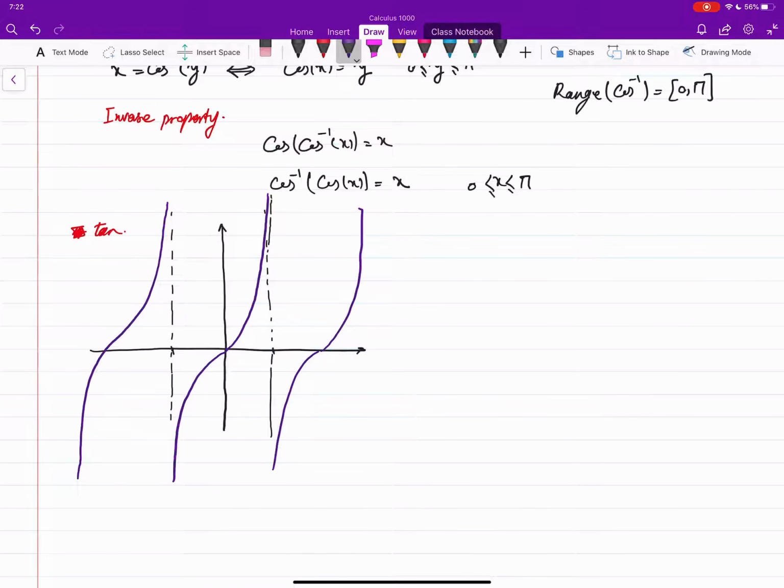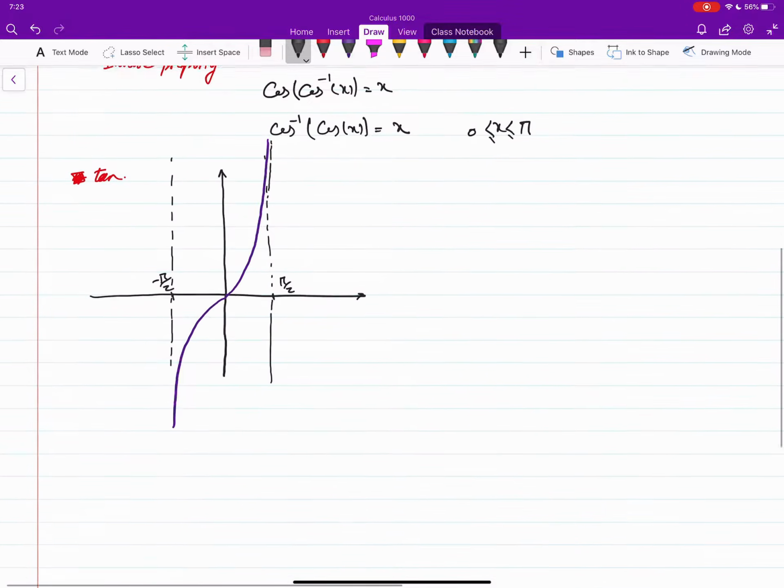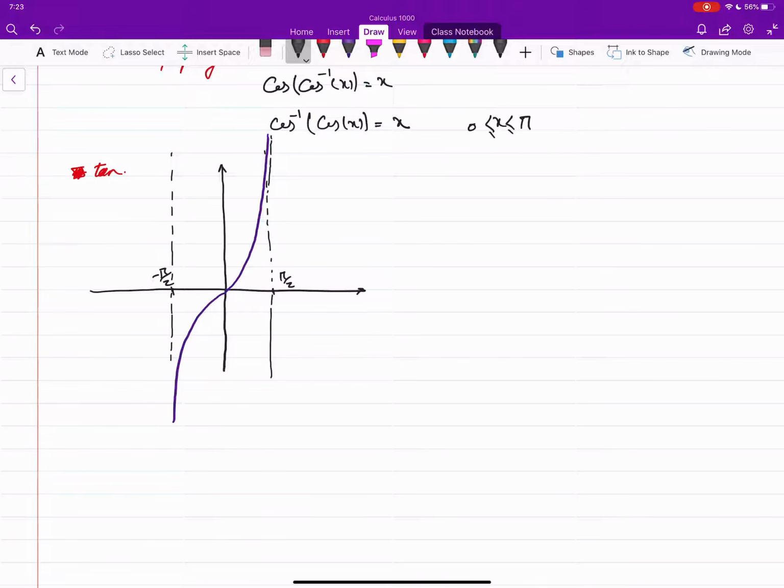To get a one-to-one function, we restrict ourselves to this branch, from negative pi over 2 to pi over 2. Remember that tan at negative pi over 2 and pi over 2 is not defined, so the interval needs to be an open interval.